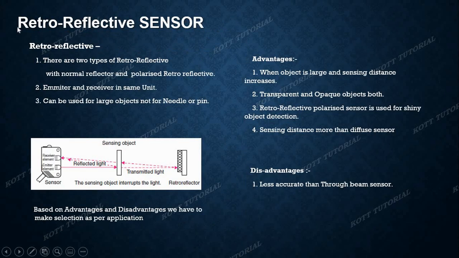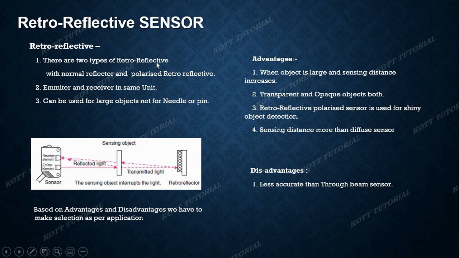Now here comes the retroreflective sensor. When we say retroreflective sensor, two parts are there in a single package, that is a sensor and a reflector. A reflector is a mirror-like object. If any product comes in between the sensor and the reflector, the sensor will detect the product.